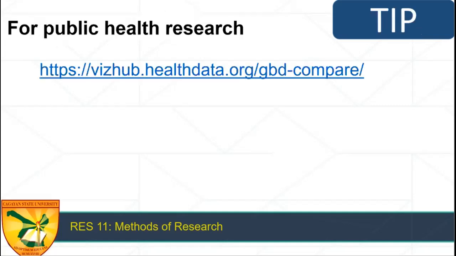For public health research, a tip is that you need to have the skill of looking at the data, especially for diseases. For 2022, what is the status for diabetes? Compare it to 10 years back.